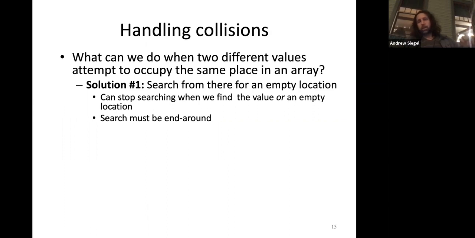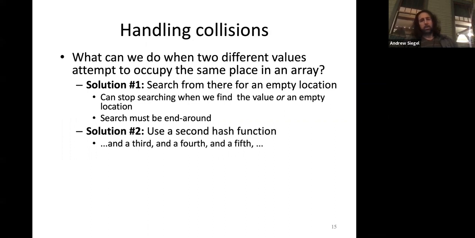Okay, so we can say, all right, honeydew hashed to the same place mango did, but is there an open slot in the hash table that hasn't been used yet? And can I maybe step my way to that location in such a way that I can find it when I need to look it up? And that would require an end-around search. So when you got to the end of the list, you would have to be able to wrap around to the beginning.